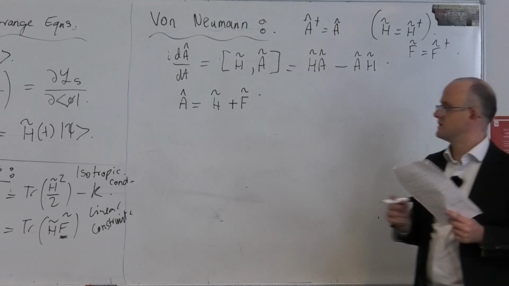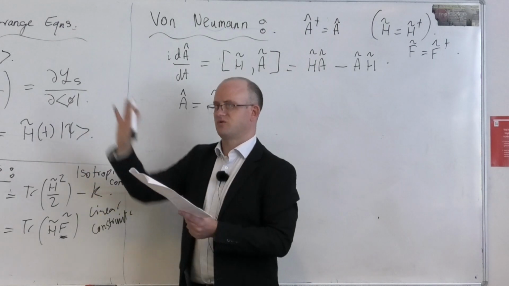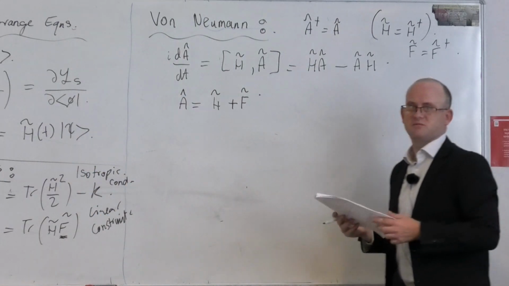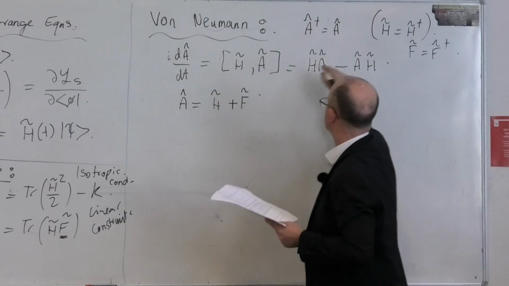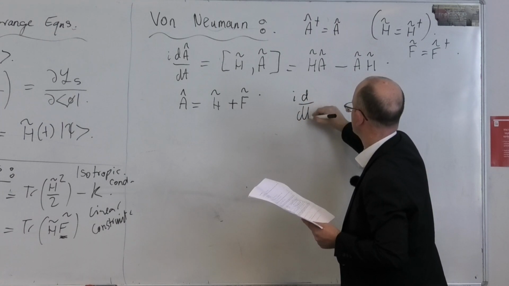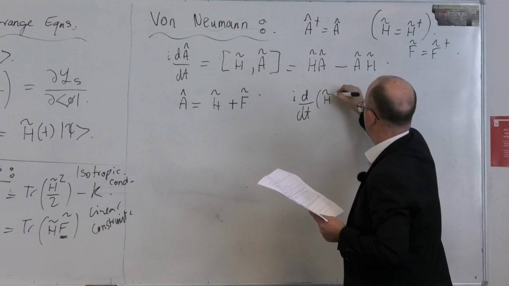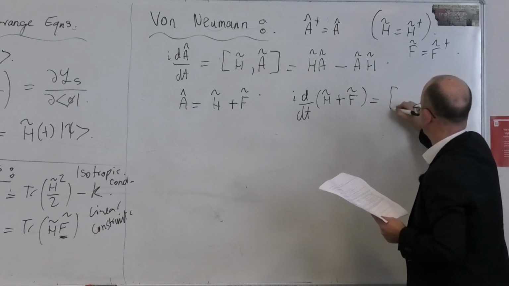Yes, H is the thing which drives the state, pushes it from one time to the other, basically. So if I punch this in, I will end up with the differential equation i dt of H plus F is equal to the bracket of H and F.